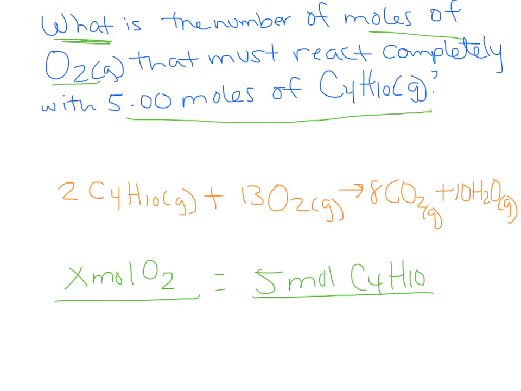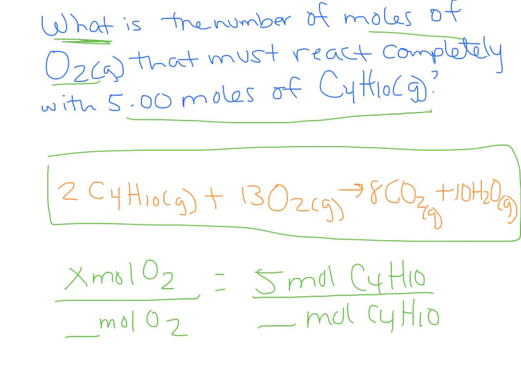So our moles have to match here, so moles of oxygen and moles of C4H10. This piece down here is going to come from the balanced equation. So let's look at the equation. We have 13 moles of oxygen, and we have 2 moles of C4H10.